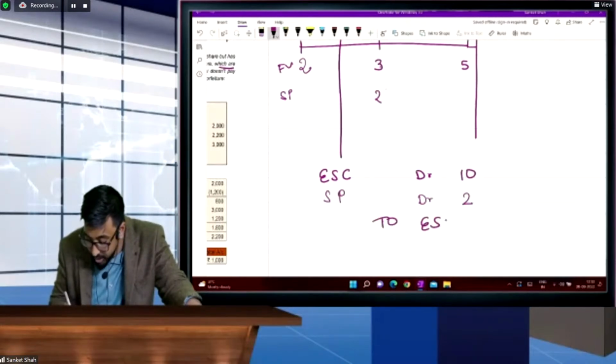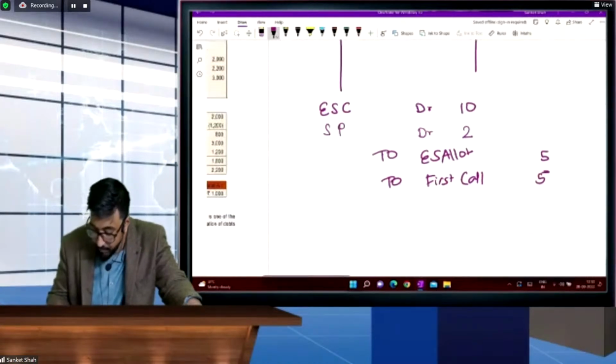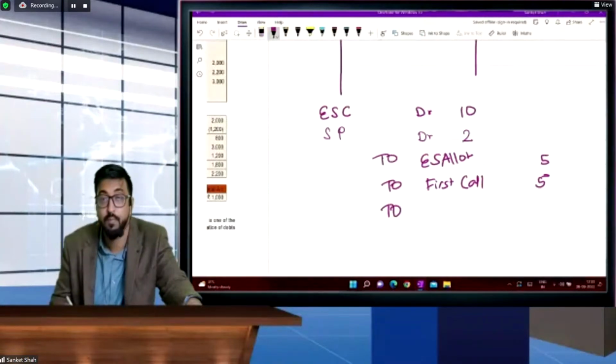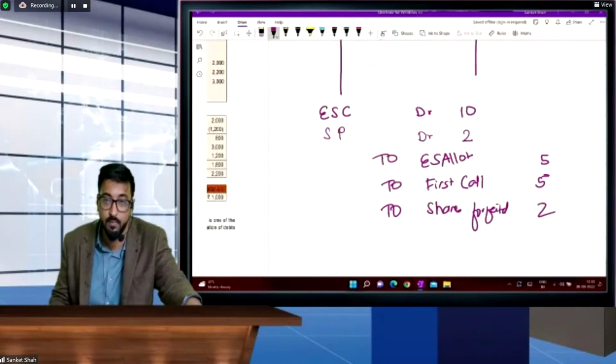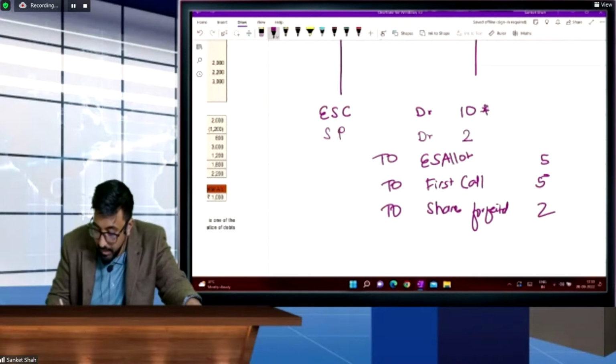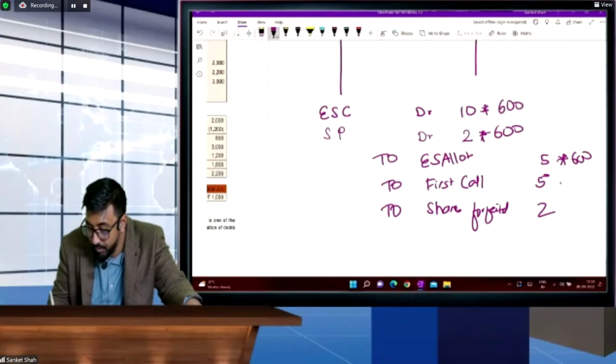To equity share allotment 5, to first call 5. To shares forfeited, face value which is collected 2 multiplied by number of shares, only 600. Wait.